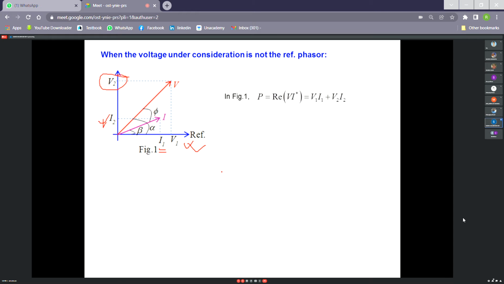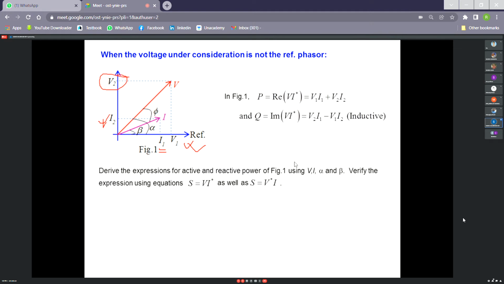Then you cannot give the same sign to both of these, is it not? They should be of opposite sign, because one is inductive, another is capacitive. So if we consider inductive as positive, then obviously V2 I1 is inductive. From there, we shall subtract the capacitive power. We shall put the capacitive power with a negative sign. So V2 I1 minus V1 I2.